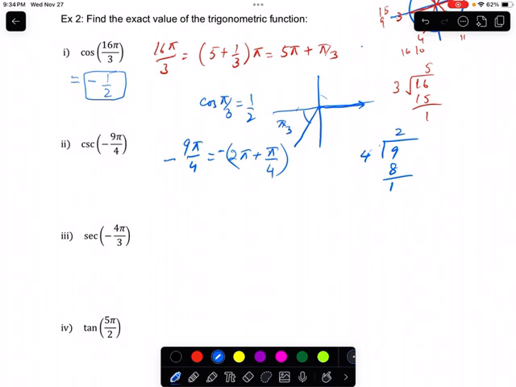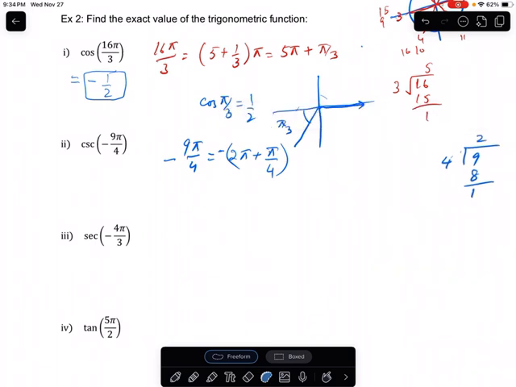So when we draw the angle in the standard position, we have negative 2 pi and then pi over 4. So we end up here. And this angle is pi over 4, the reference angle.